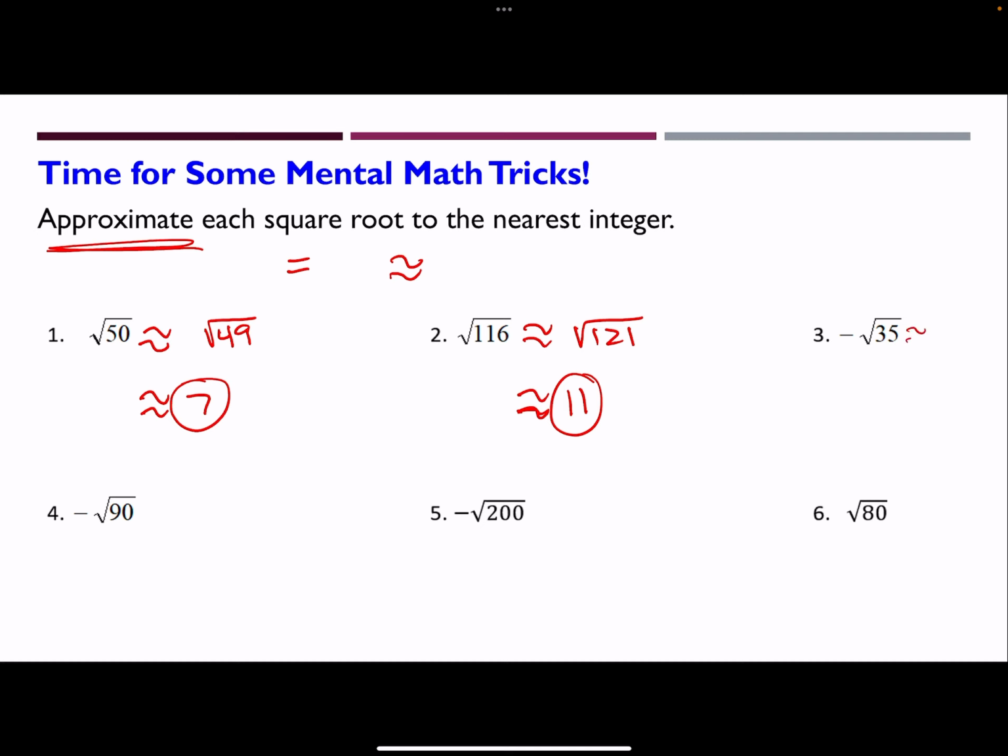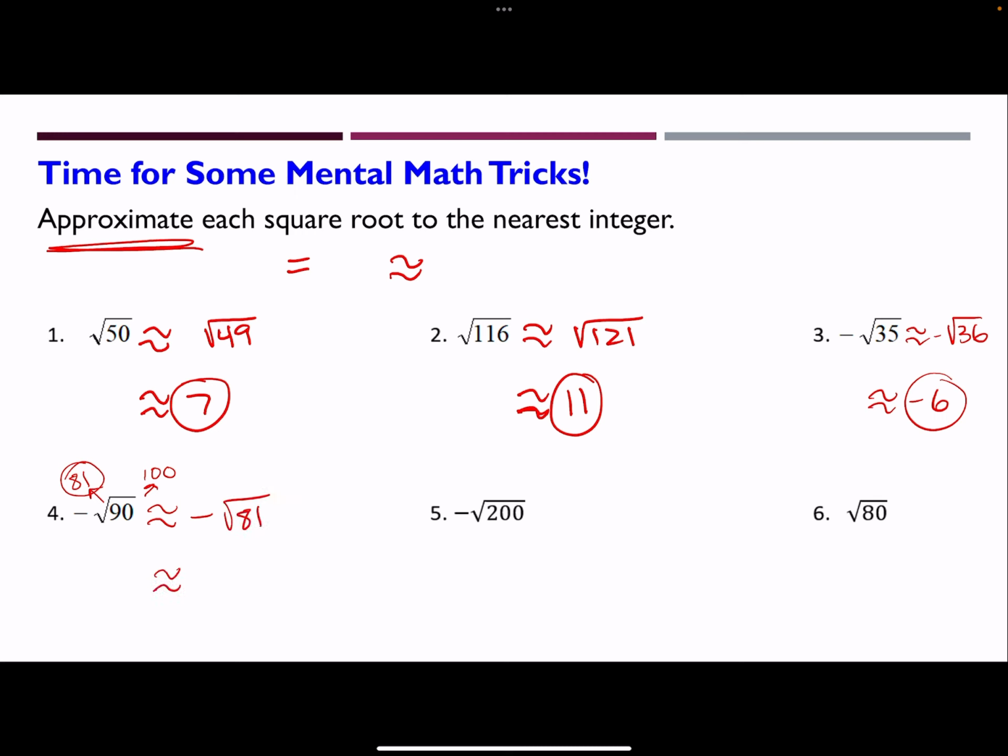All right, so let's go over some of these. Negative root 35 is pretty close to root 36. This one's a little tricky because 90 is pretty close to 81, which is a perfect square, but it's also close to 100. It's almost smack dab in the middle, but it's 9 away from 81 and 10 away from 100. So I'm going to go with 81.